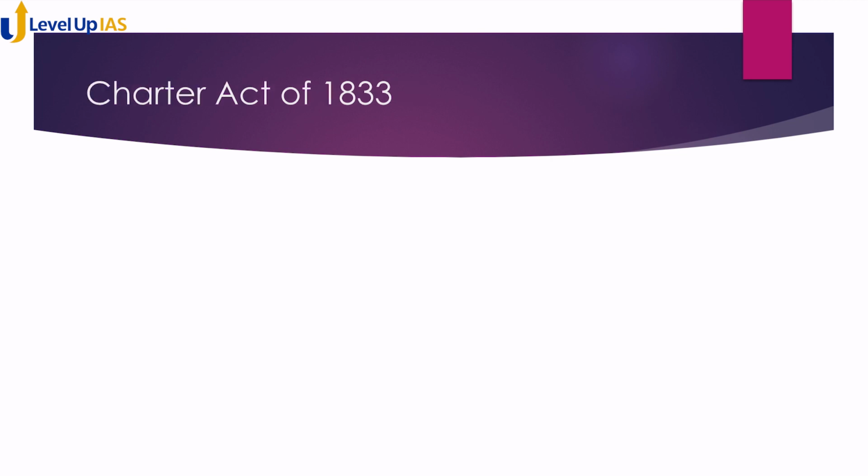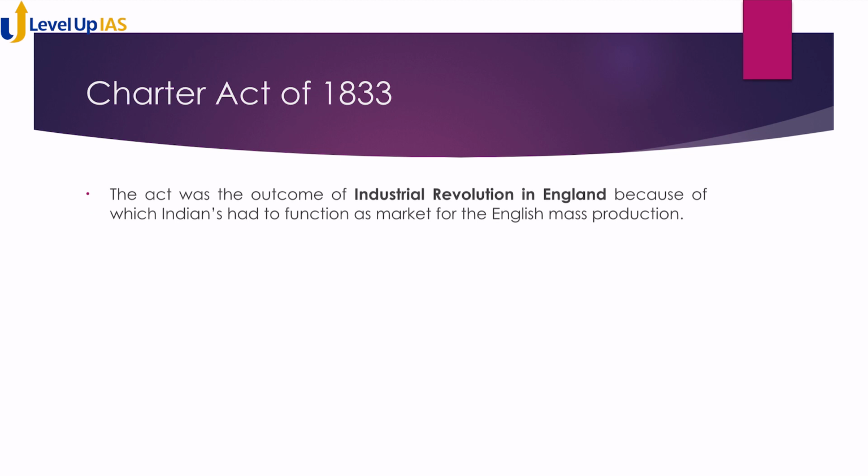Charter Act of 1833. This act was the outcome of Industrial Revolution in England, because of which Indians had to function as market for the English mass production. Governor General of Bengal became the Governor General of India.